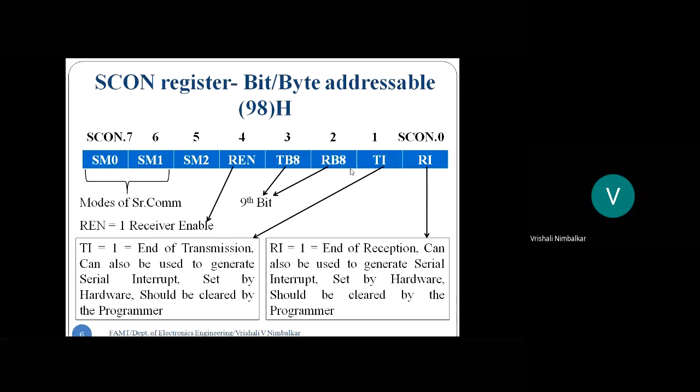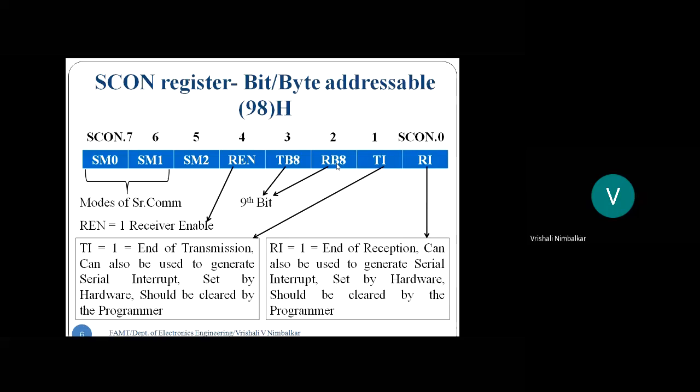So that 9th bit is placed in the SCON register. During reception, the 9th bit will arrive automatically on RB8. During reception, the data bits are received serially and one by one are stored in SBUF. So 8 data bits will be available in the SBUF register, and the 9th received bit will be available in the SCON register RB8.